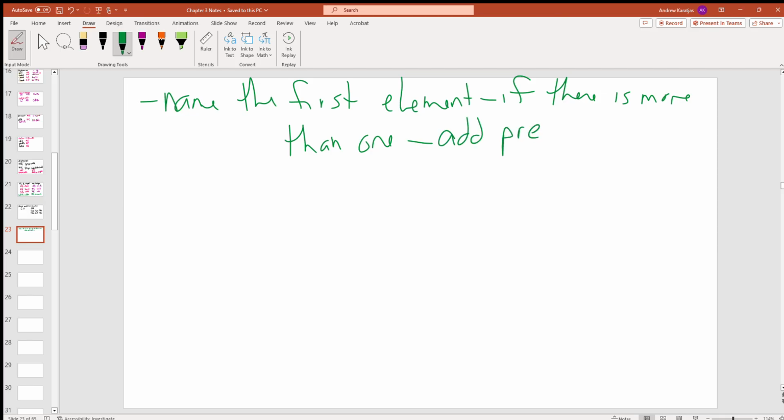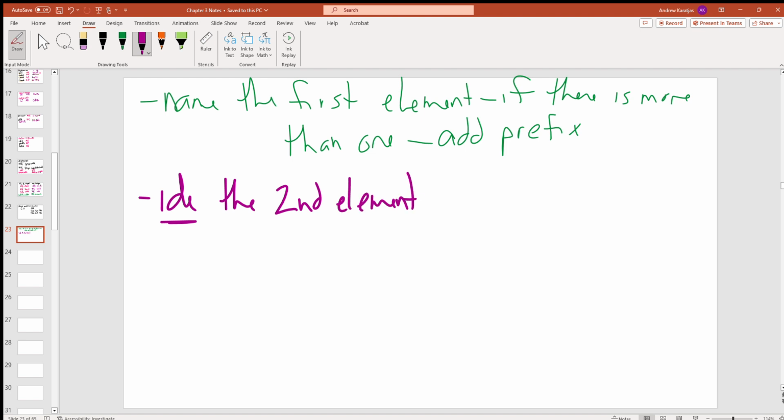For the first element, if there's only one, we don't need a numerical prefix. Then we, as we have with the other compounds, we IDE the second element. Always add a prefix.